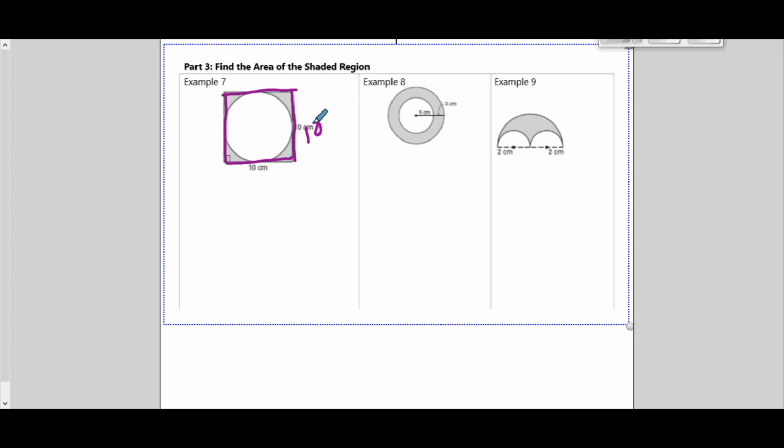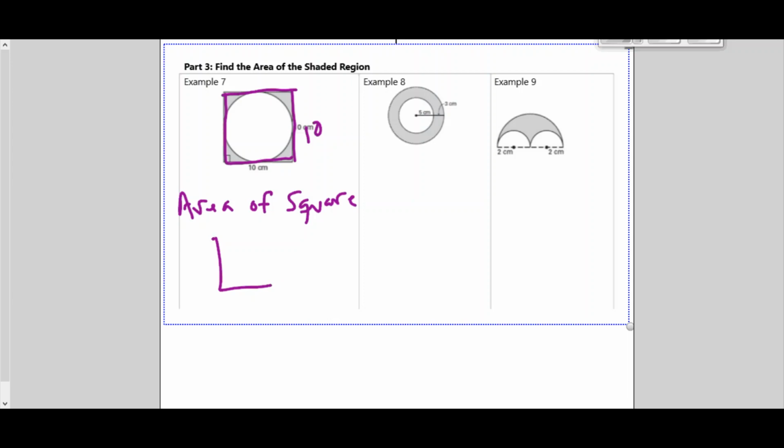So for this one, what we would do is find the area of the square. So area of square. And we're going to find that area.